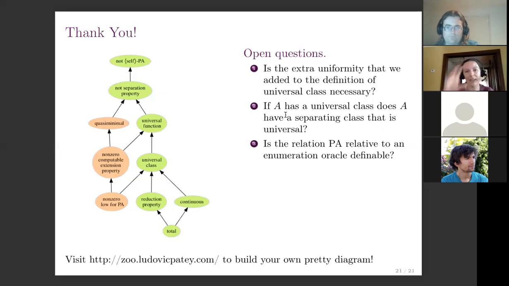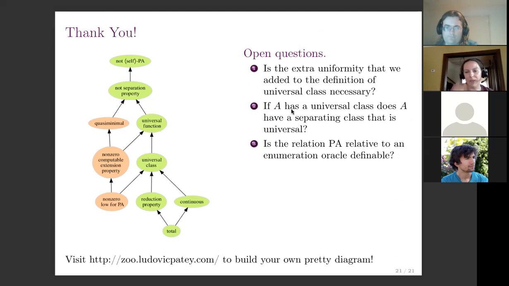The only combination that we couldn't place, well, we know that it's strictly stronger than others, but we couldn't figure out where exactly it belongs, is the one that an answer to this question would give us.